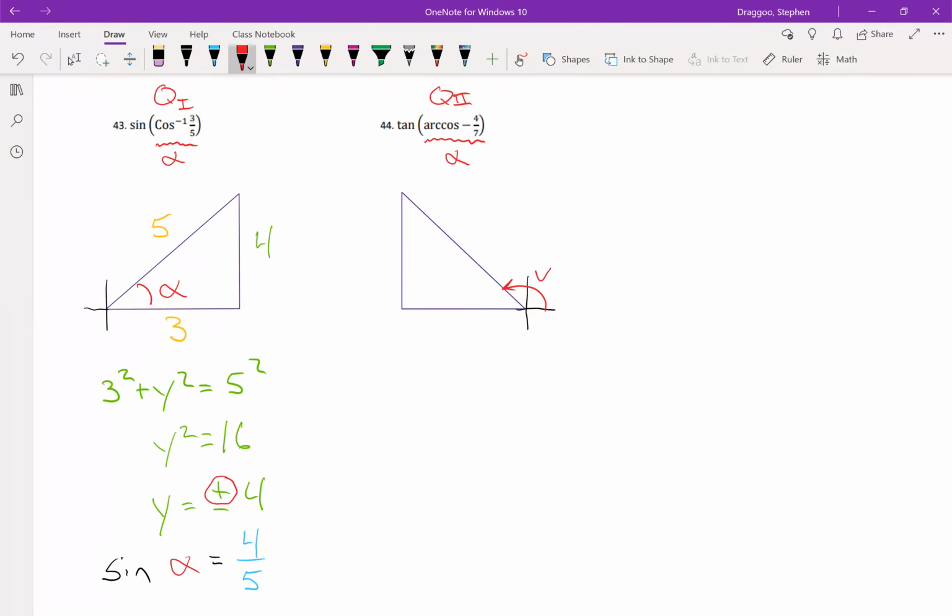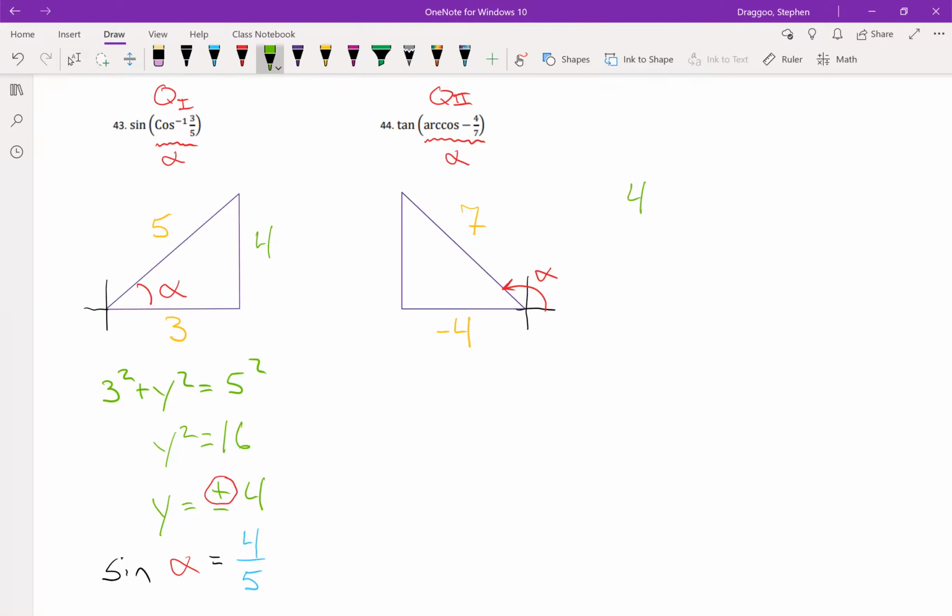And I'll put down what I know. So negative 4 over 7 should be equal to the adjacent side over the hypotenuse. So negative 4 on the adjacent side, 7 on the hypotenuse, and another missing side, which I'll call y again.